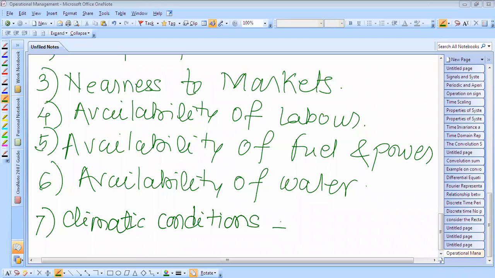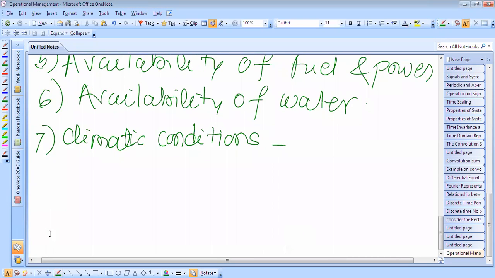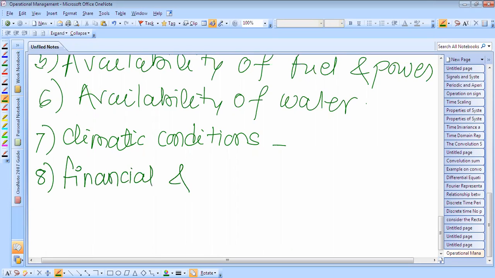Next is financial and other aids. Certain states give financial and other aids to industries.